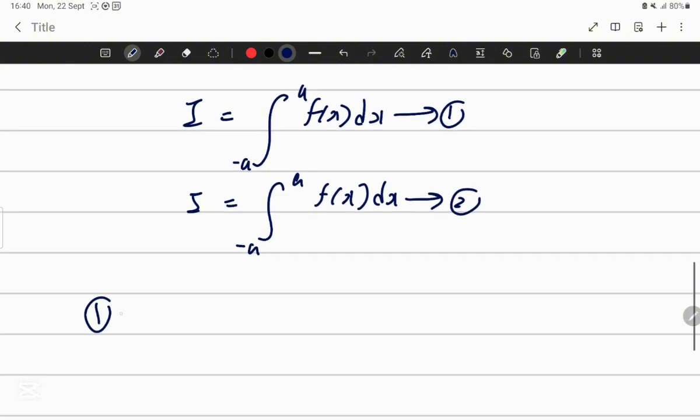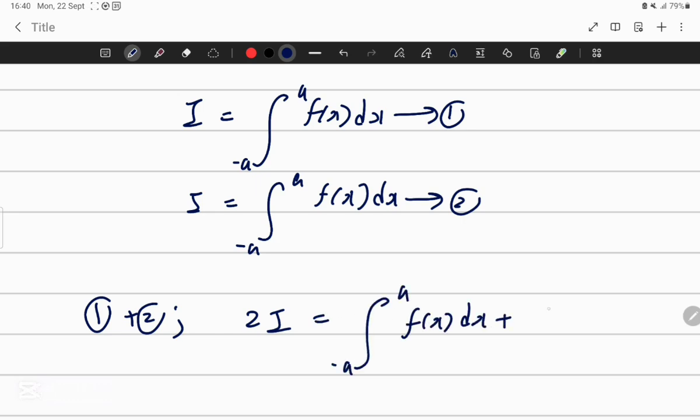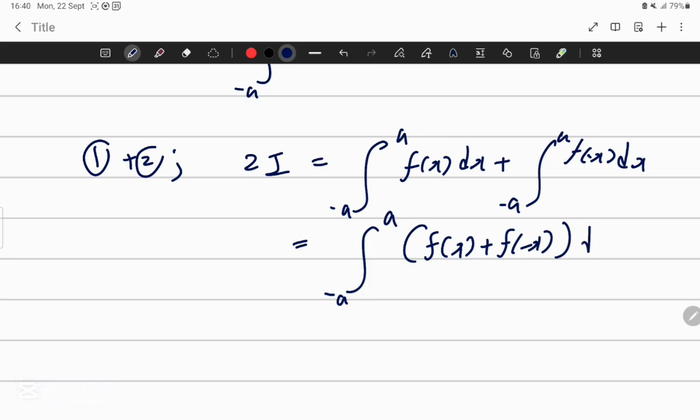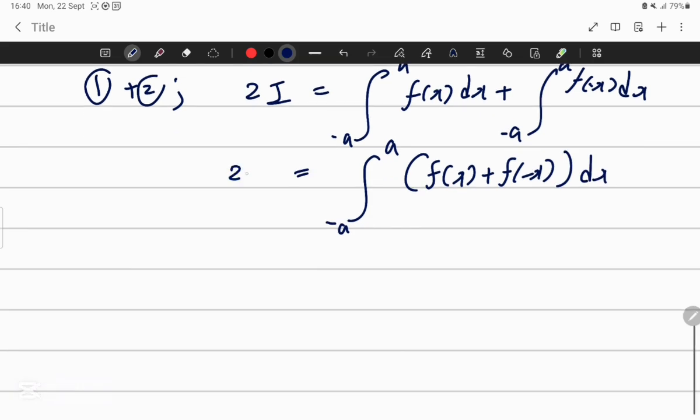Now I am going to add them together, which is 2I equals the integral from -a to a of f(x) dx plus the integral from -a to a of f(-x) dx. Since the limits are equal, I can take out the integral sign, so this is the integral of f(x) plus f(-x) dx. This is 2I.